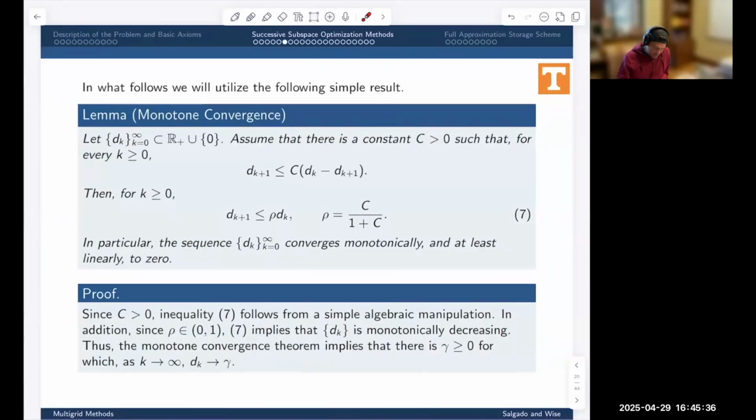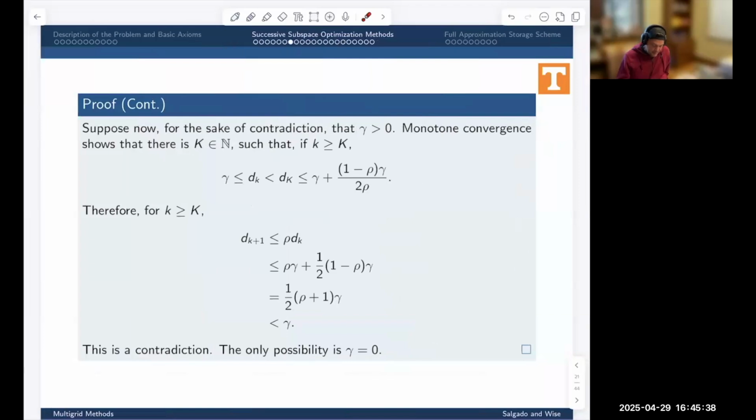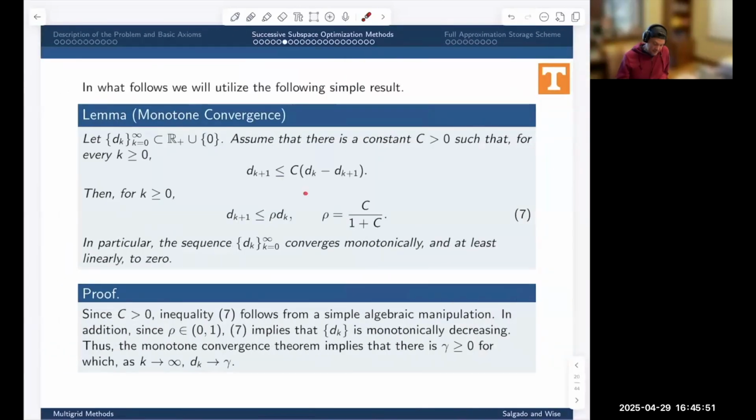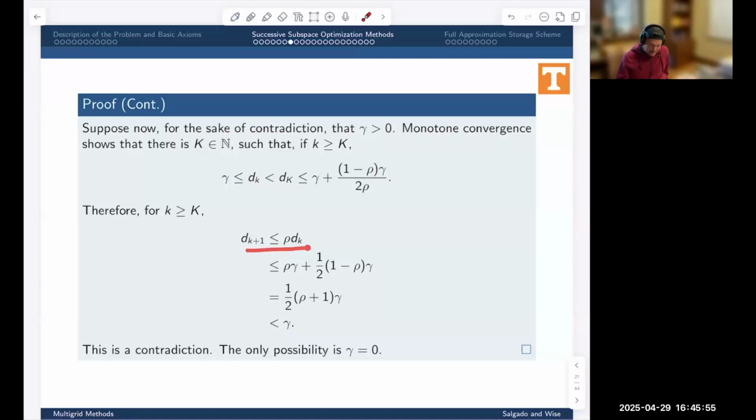So I am going back to that. Okay. So now, since for k bigger than capital K, we always know that this is true, right? That's the thing that follows from the assumption. That's 7. So we have that.